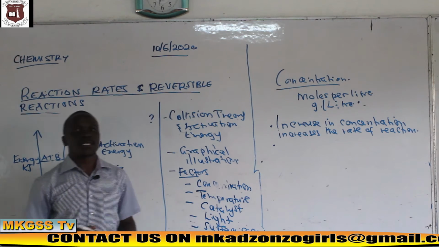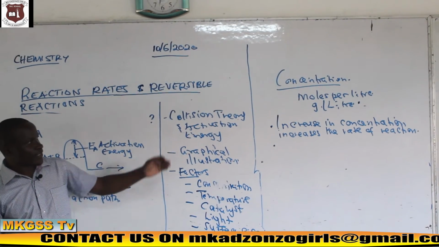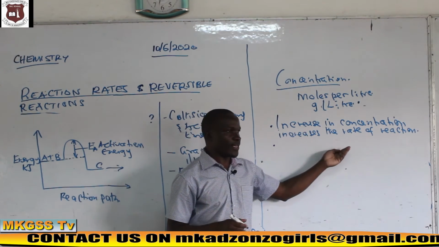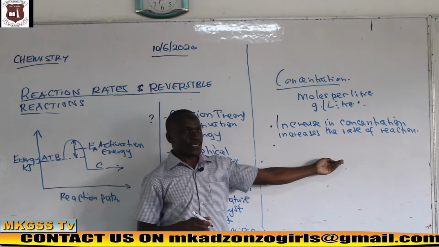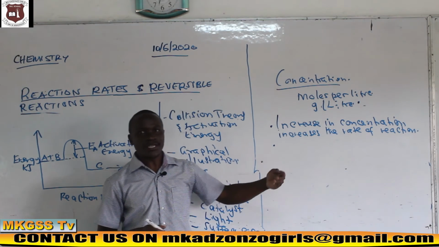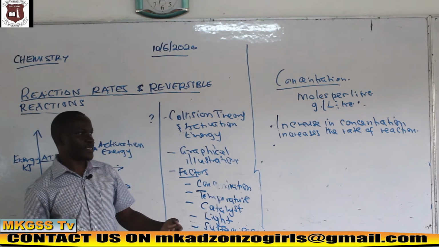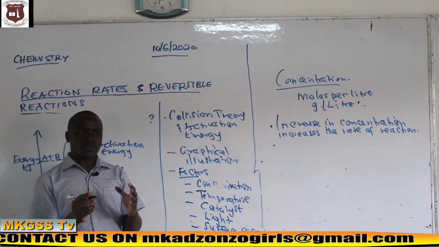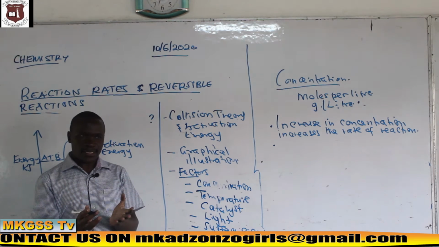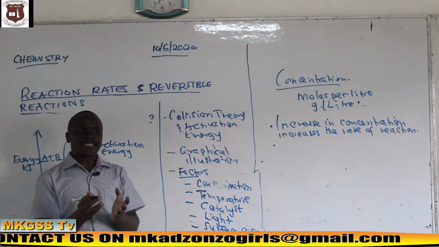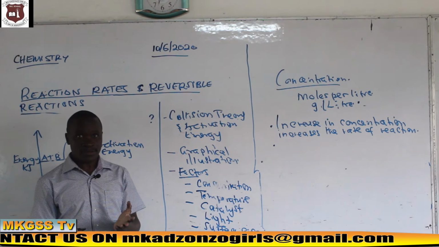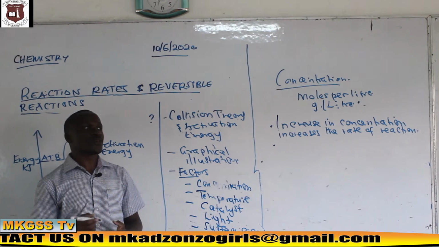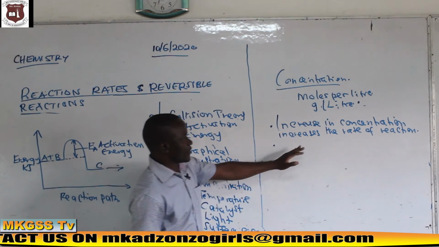The question is this: why is it that when the concentration of the reactants is increased, the rate of reaction will increase? This is because when you increase the concentration of the reactants, the quantity of the reacting particles increases to occupy a given space, and that increases the rate of collision. And so increased frequency of collision is what actually leads to increased rate of the reaction.